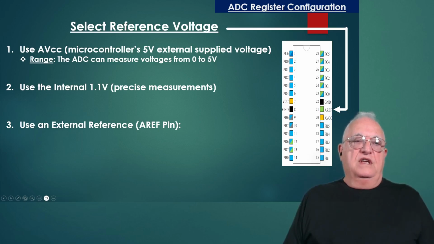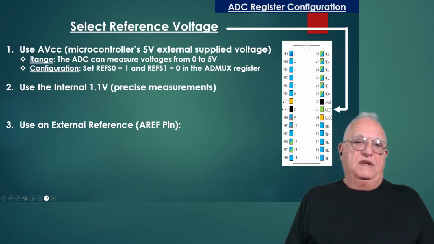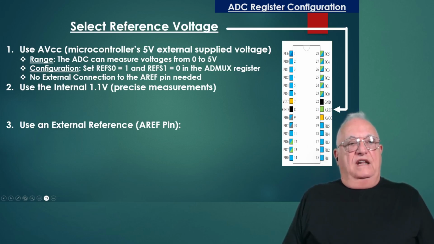Now the range, if we use the microcontroller external supply power, is going to be a voltage between 0 and 5. Next, the configuration to make that happen is going to be setting up REFS0 to 1 and REFS1 to 0 in the ADMUX register. And finally, as it relates to the ADC, no external connection to the AREF pin is needed.